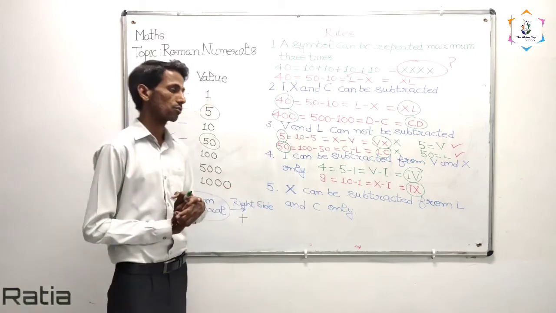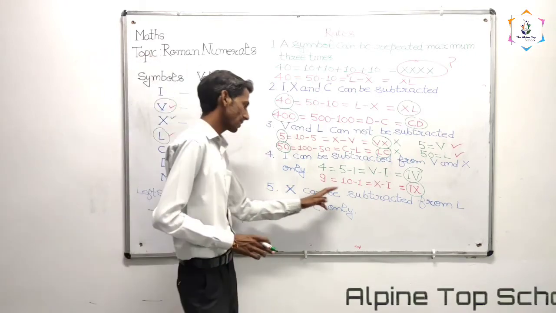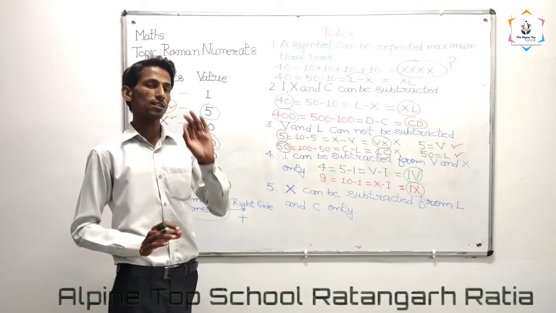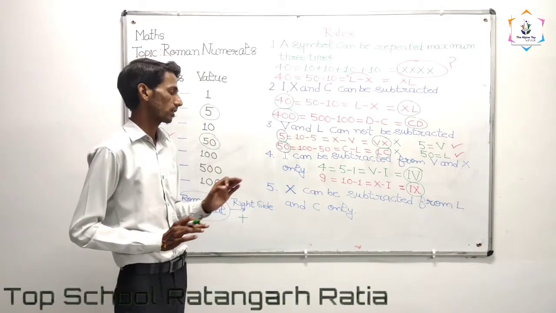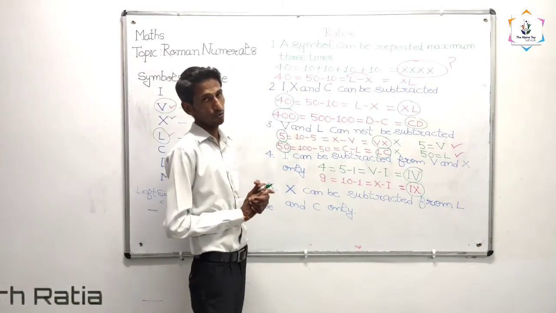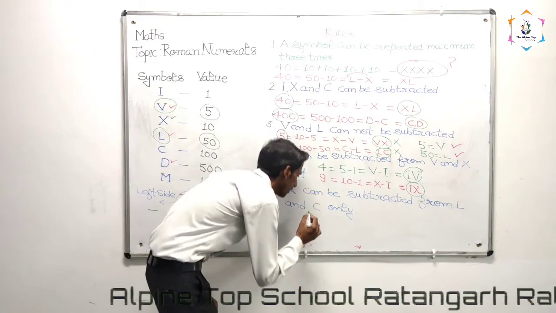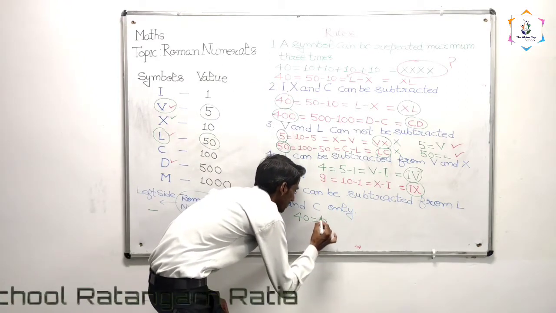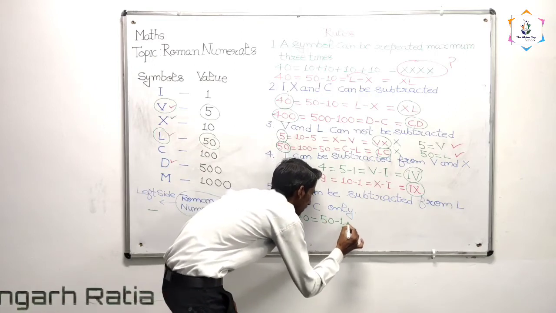Dear students, last rule we are going to study. X can be subtracted from L and C only. X is the only Roman numeral which we can subtract from L and C only. Just imagine I am going to write some examples here. See students, I want to write 40. Obviously dear students, I can write it 50 minus 10.